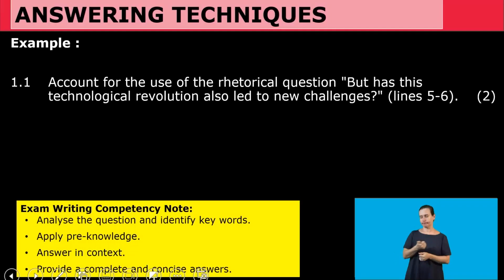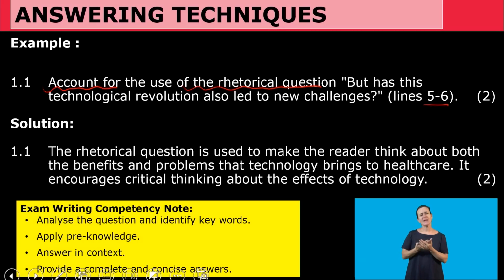Question 1, account for. There is that verb of questioning. Give a reason why. The use of the rhetorical question, but has this technological revolution also led to new challenges? There is my textual reference, and there are some generic answers that you can use for rhetorical questions, but those are only answer starters.